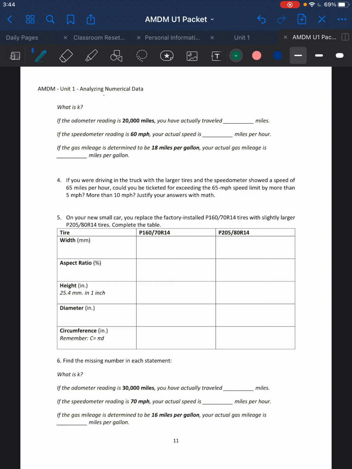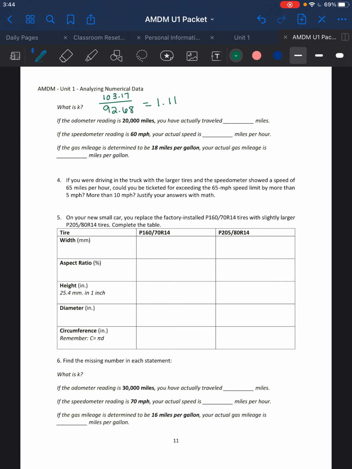Our bigger tire was 103.17 and our smaller tire is 92.68. When I divide that, I get 1.11. Remember, we want to do everything to the hundredths place. Now I can use this K value to find out this other information.